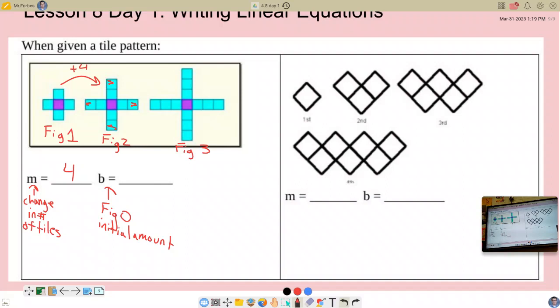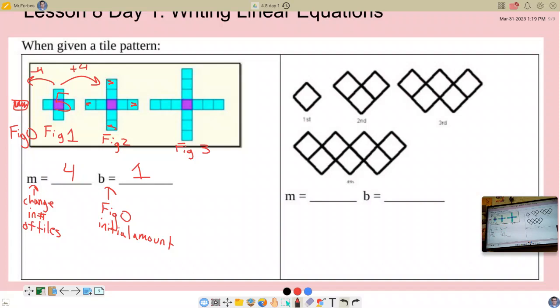So if figure 1 has 5 tiles, my b value is going to be the number of tiles in figure 0. How many tiles does figure 0 have then? 1. Because if I'm adding 4 going this way, to go this way, I subtract 4. So there would be 1 tile, or just that center tile. That's why it's outlined in purple. So my b value would be positive 1.